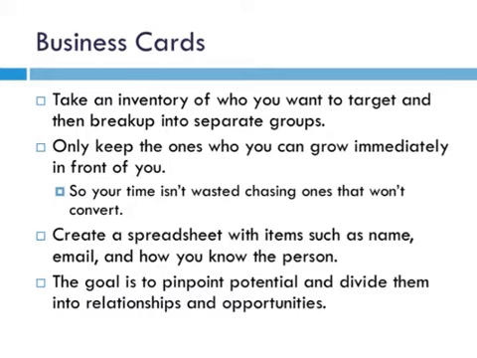And then, so we've removed the ones that are not the ones that you want to work with. Now you have this other group. Now split those again, and only keep the ones that you can grow immediately. We will call those hot leads. Keep the ones that you can grow immediately.